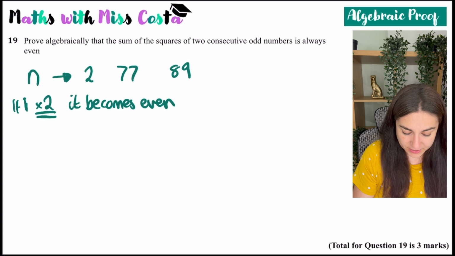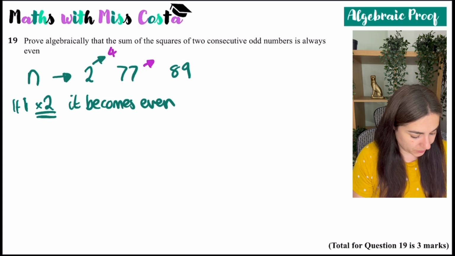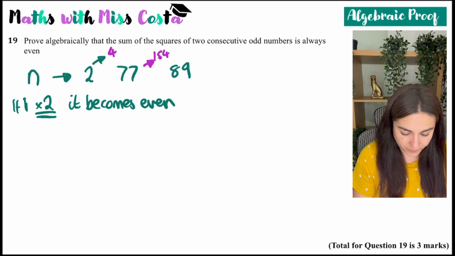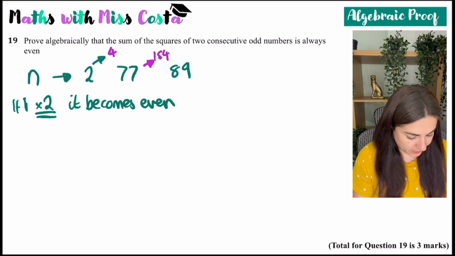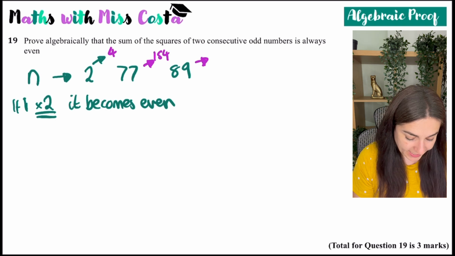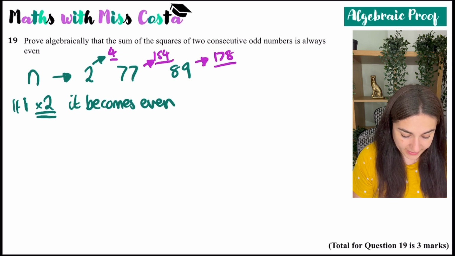Let's just try that. 2 times 2 becomes 4. 77 times 2 becomes 154. 89 times 2 becomes 178. All of these are even numbers.